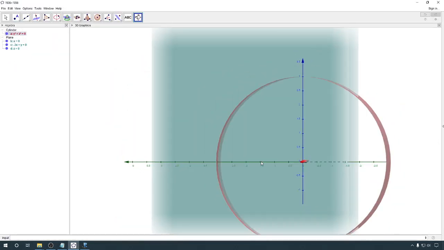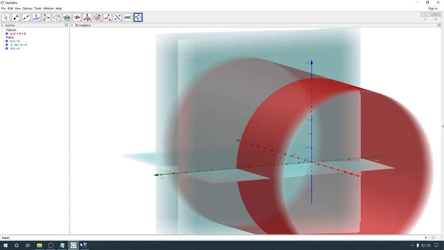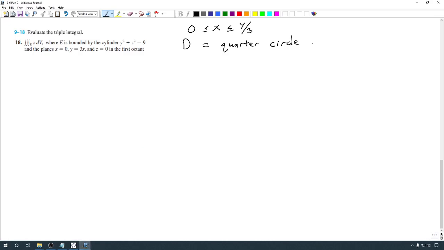Specifically, the quarter circle given by our cylinder. And remember, the cylinder has a radius of 3 because we have a 9 here. I think that's the easiest way to do this one. You can try it yourself in the other directions if you prefer.